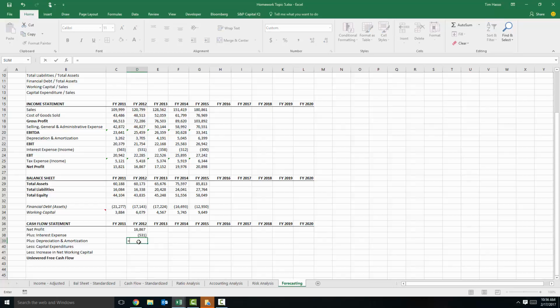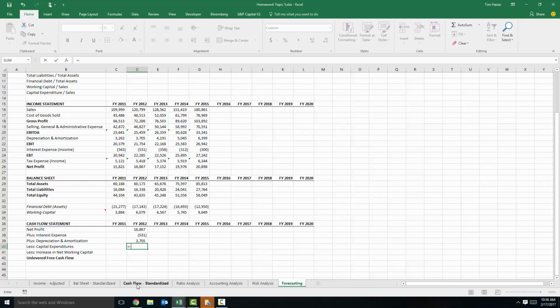Depreciation and amortization is quite easy. We have that in cell D21. Our capital expenditure is something that you can get from the cash flow statement. So in order to do that, we're going to enter the equal sign, and then we're going to put in a minus or subtraction.